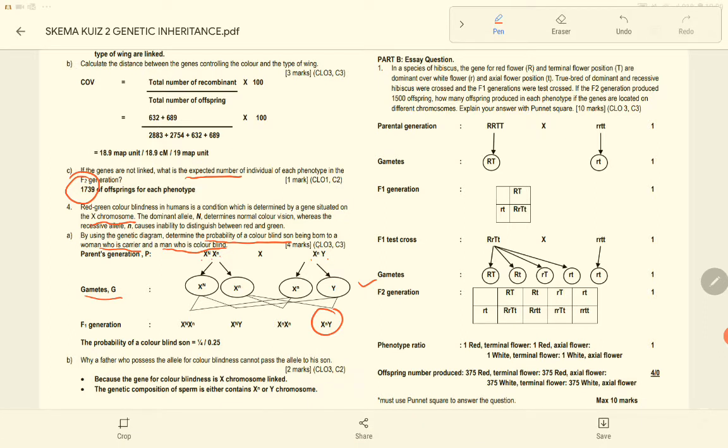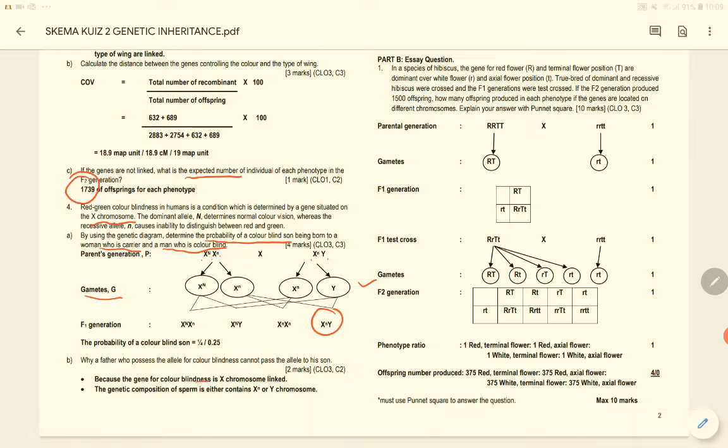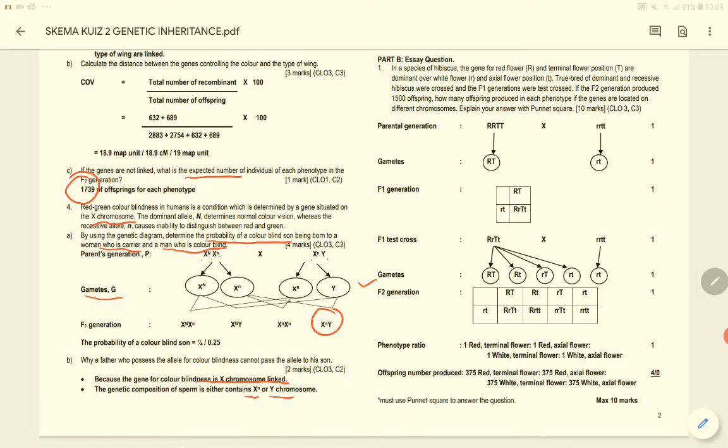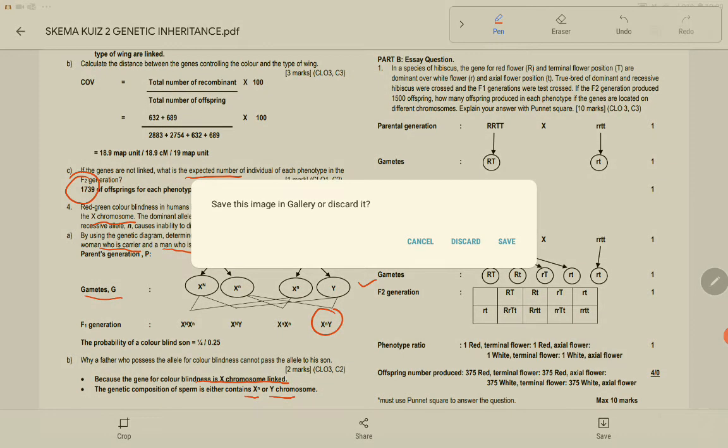Why can a father who possesses the allele for colorblindness not pass the allele to his son? Because the gene for colorblindness is X chromosome linked. Or you can say that because the father has only one X chromosome, the genetic composition of the sperm is either X small n or Y chromosome.